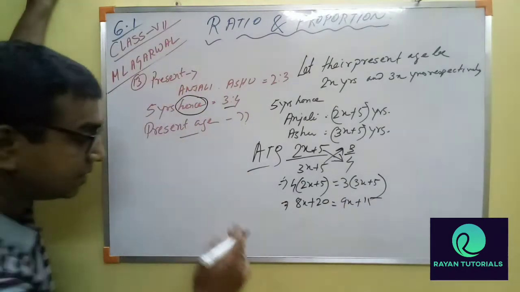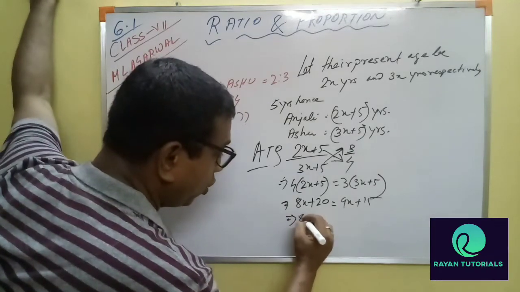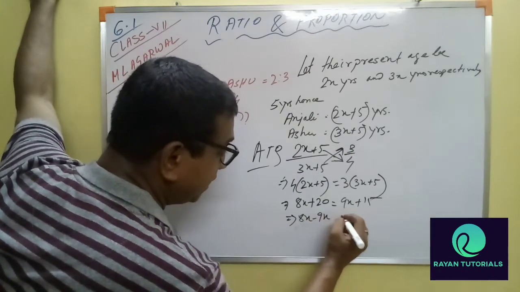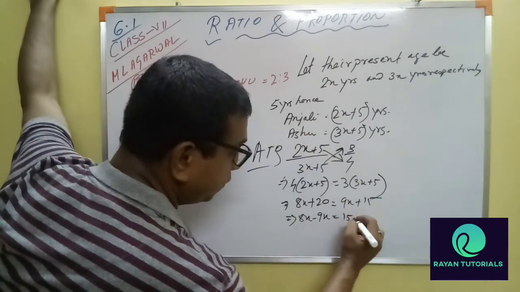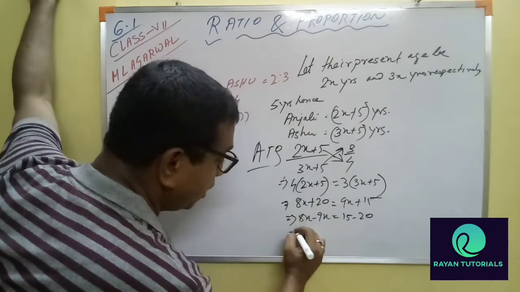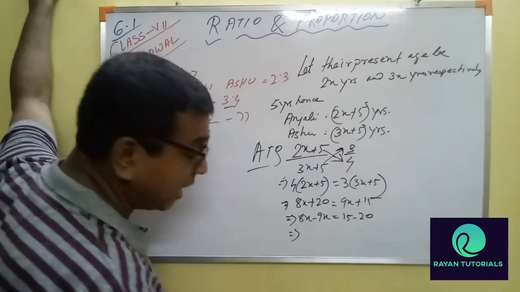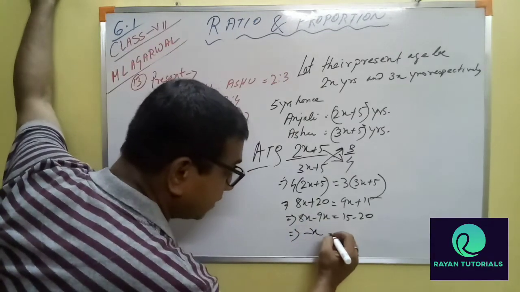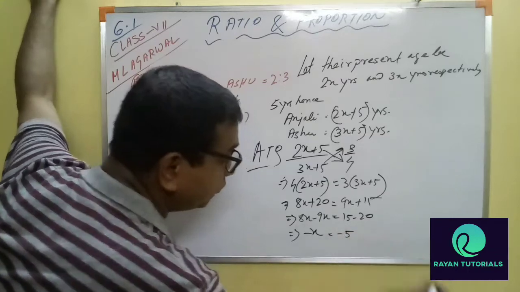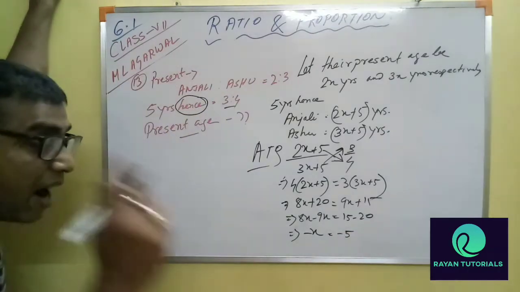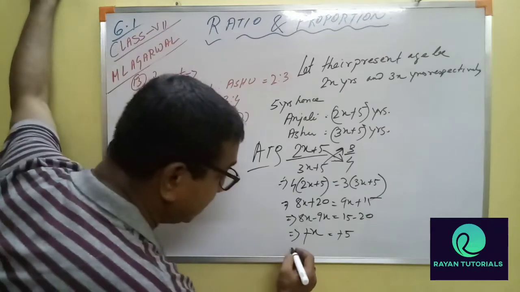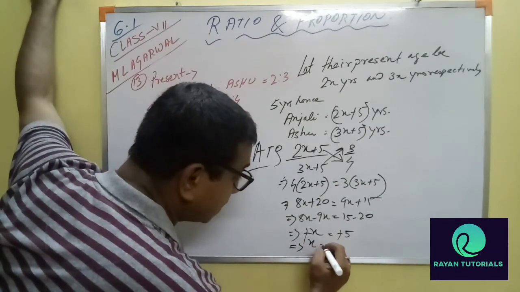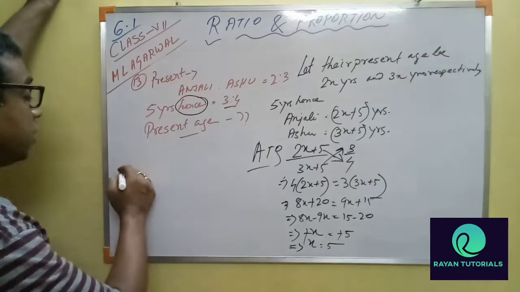Bring all the x's this side, so 8x minus 9x. Take this 20 that side, so 15 minus 20. Or 8 minus 9 minus x equals 15 minus 20, minus 5. Both side minus minus gets cancelled. Therefore x is equal to 5.